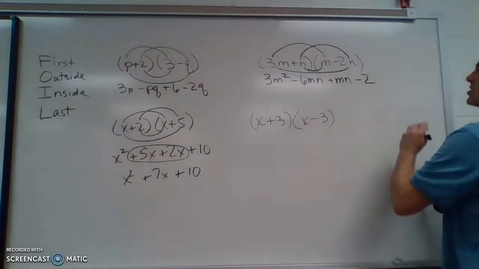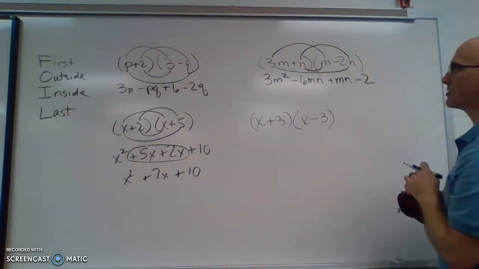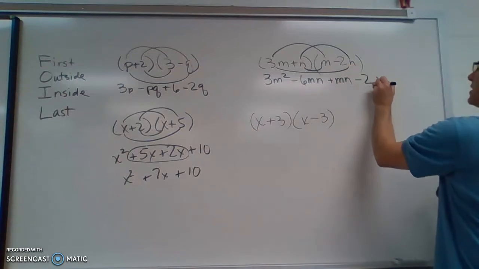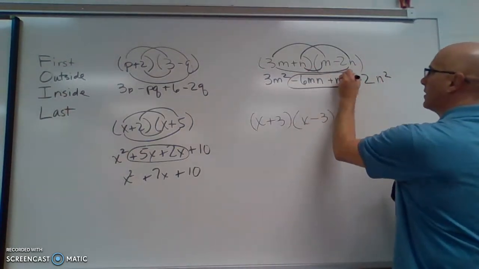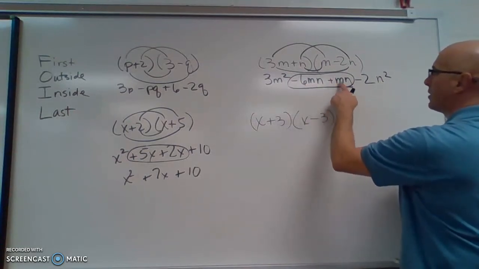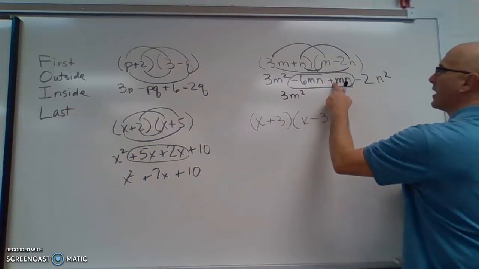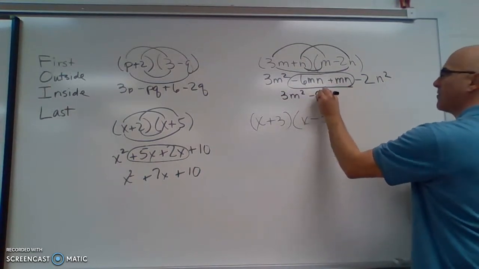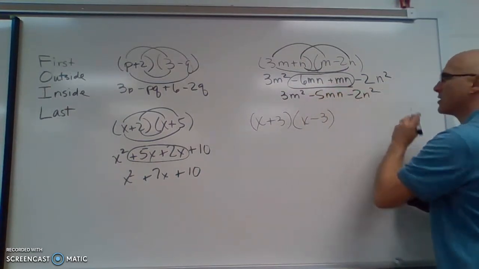So our coefficients are a positive 1 and negative 2. Multiply those together. n times n is n squared. So now we can combine these two like terms: negative 6mn plus mn. So we're left with 3m squared, negative 6 plus 1 is negative 5mn, and then we have minus 2n squared.